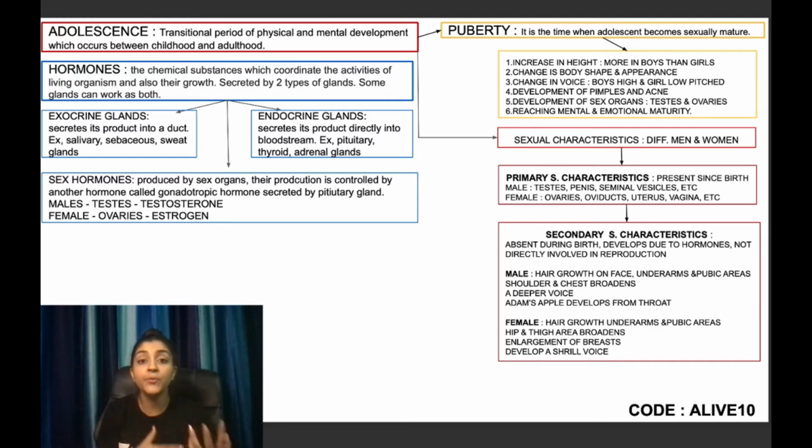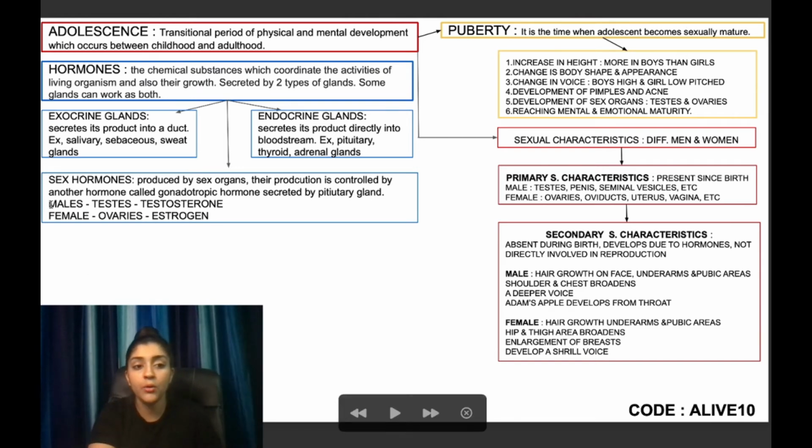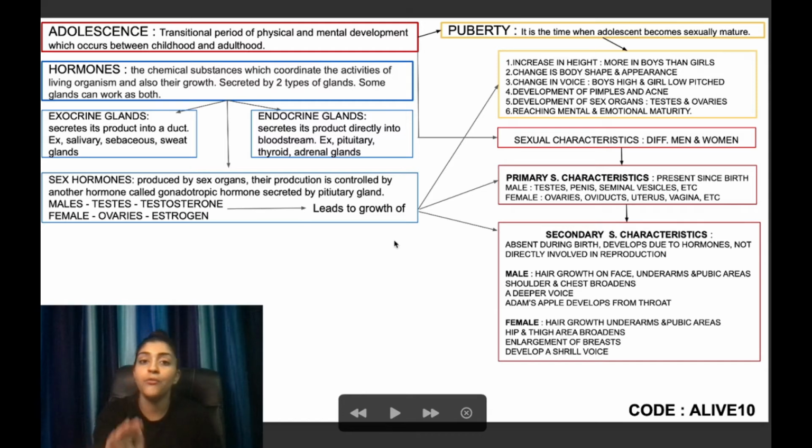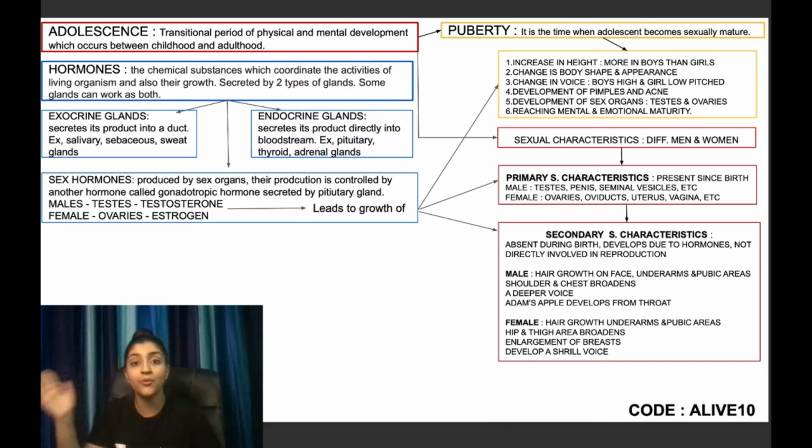So now how you can do it, let me show you. I have not connected the hormone, the blue section, with anywhere, but of course it is connected to the chapter. So how can we connect it? Here is the time. You can see how briefly I have written that in males, the testes produce testosterone, and same with the females. So this actually leads to the growth of all the characteristics I have written on the right side.